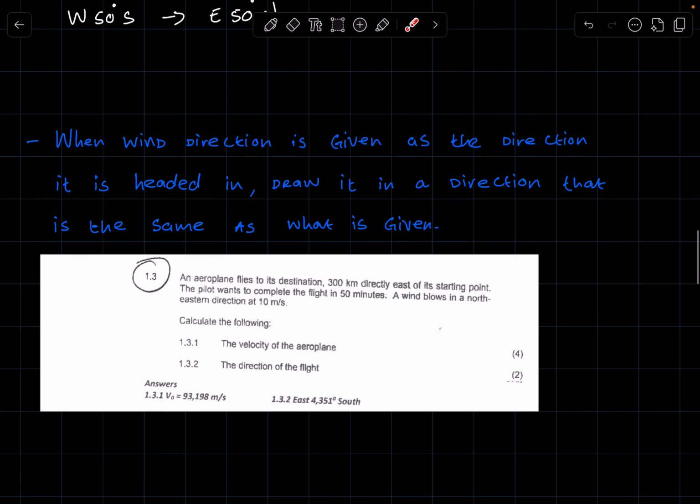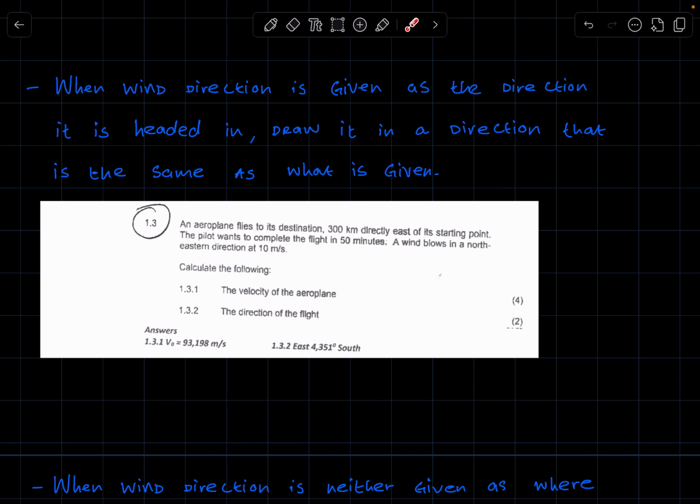Let's just look at this problem statement. An aeroplane flies to its destination 300 kilometers directly east of its starting point. The pilot wants to complete the flight in 50 minutes. A wind blows in a northeastern direction at 10 meters per second.